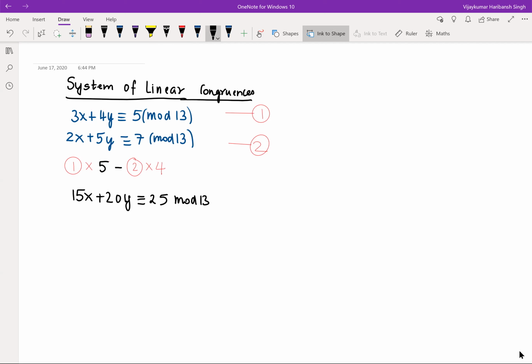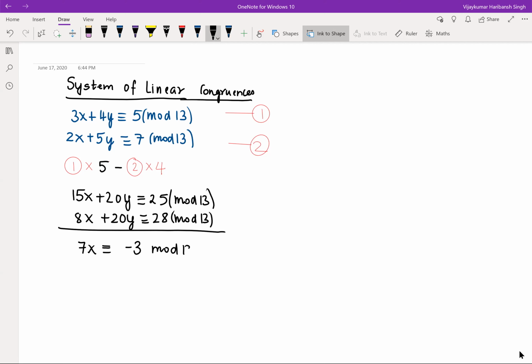And if you multiply the second by 4, you get 8x plus 20y congruent to 28 mod 13. Now let's subtract. We get 7x congruent to, the 20y minus 20y goes away, and 25 minus 28 is minus 3 mod 13.